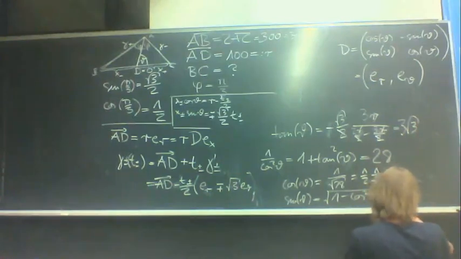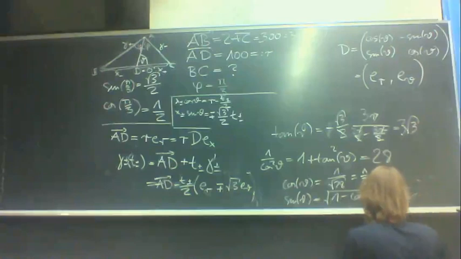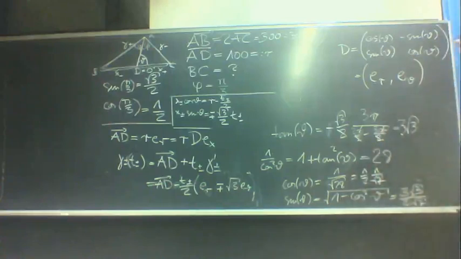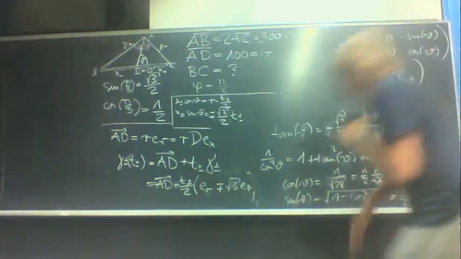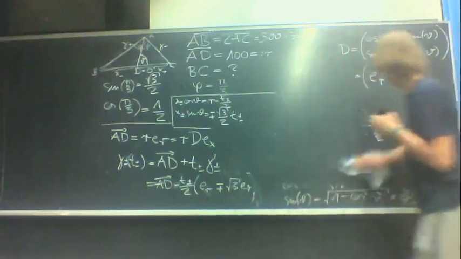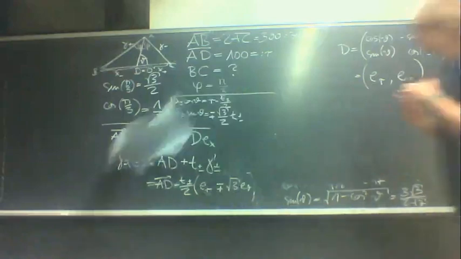The square root of 27 is 3 times square root of 3, over 2 times square root of 7. Am I right? I hope so. Okay. Now we know sine of theta. We'll just leave it down here. Pretty easy solution.